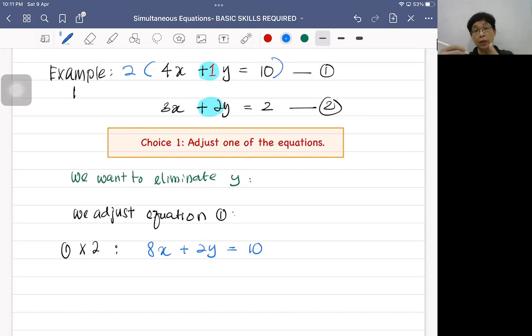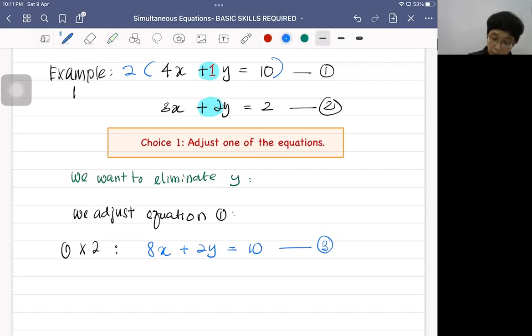Now equation 1 has been modified, all right? So I would like to give it a new name. Equation 1 has now been modified. We have seen that equation 2 has 2y.